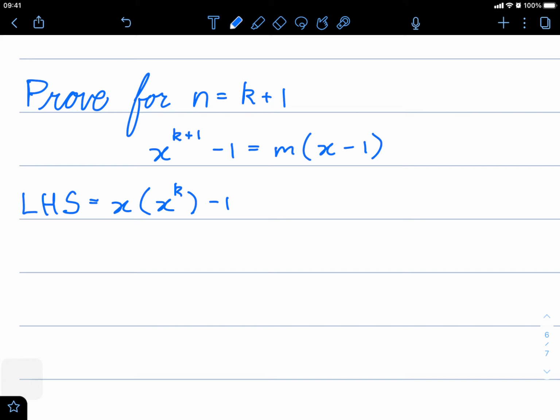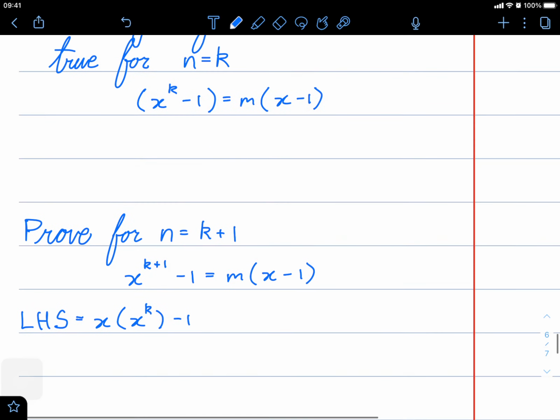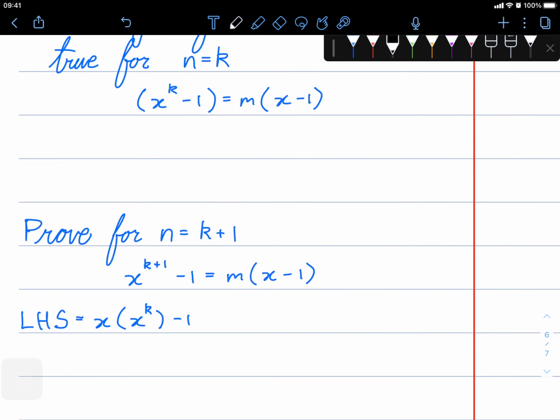And from here we are already stuck, because it doesn't seem that we can make this look like this in any step from this point. So always looking back, we can find x to the power of k here. If we rearrange this, we get x to the power of k is equal to m outside of x minus 1, plus 1.